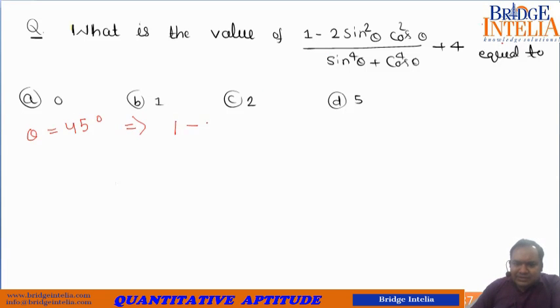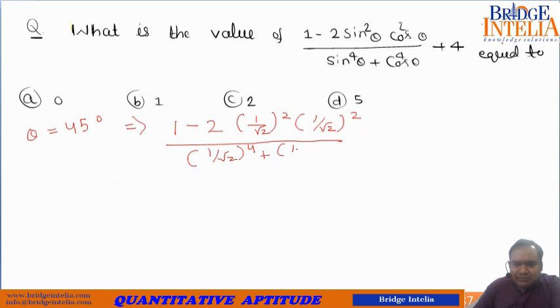So now 1 minus 2 sine theta. Sine theta, that means sine 45 degree is what? 1 by root 2. So 2 into 1 by root 2 whole square into 1 by root 2 whole square divided by 1 by root 2 to the power 4 plus 1 by root 2 to the power 4 plus 4. So let us see what this becomes.